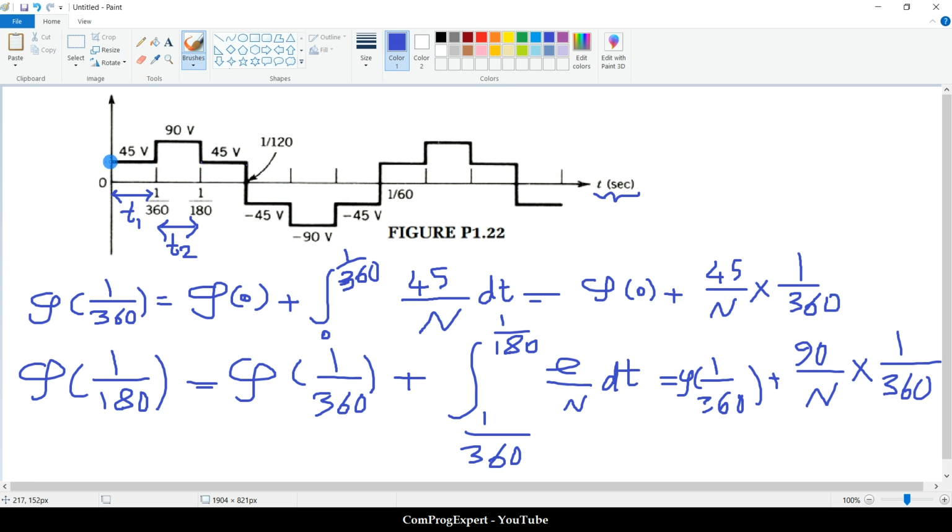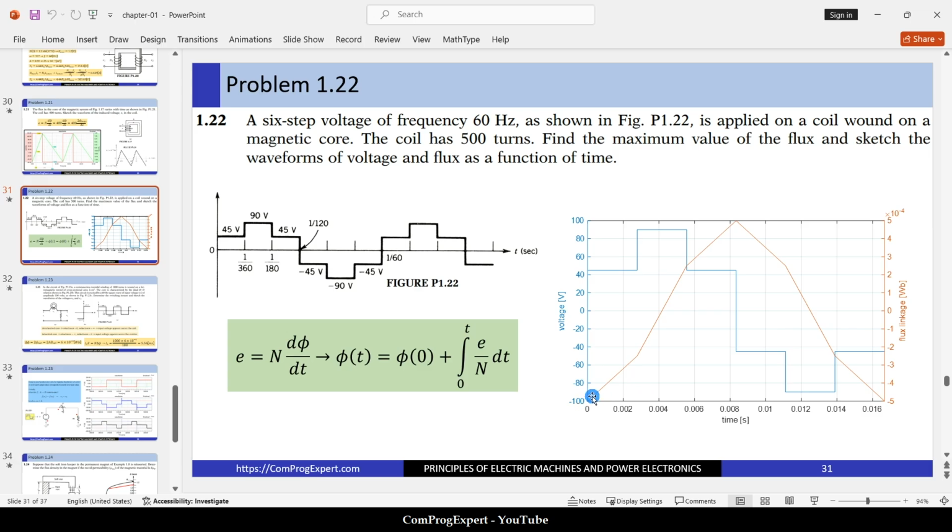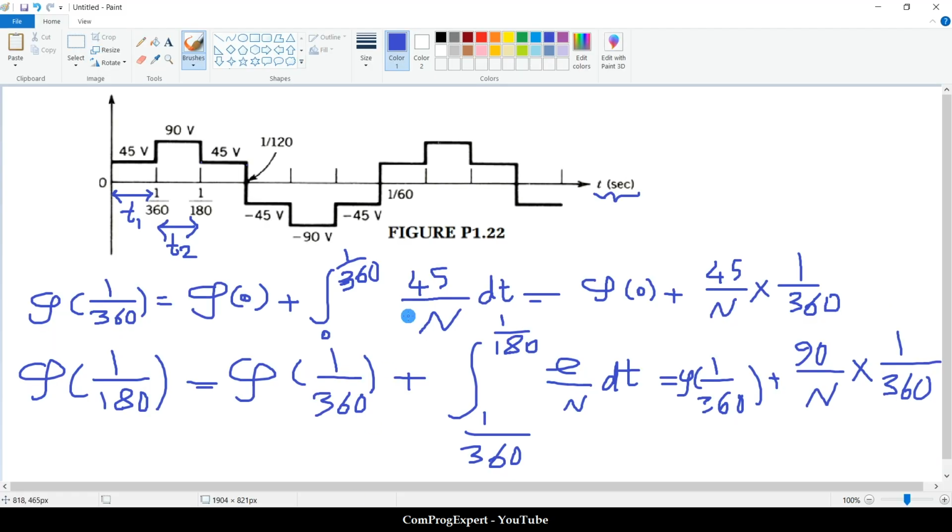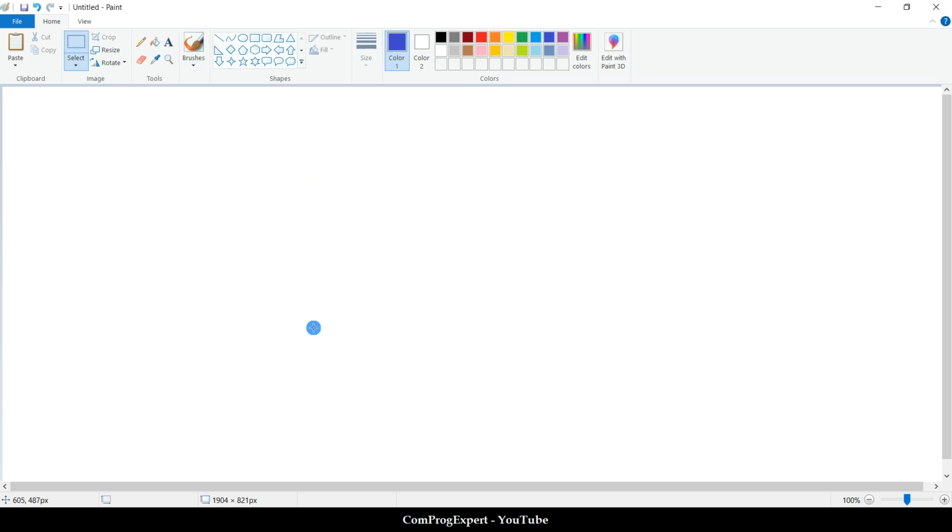Because the value of e is constant, its integral is a linear function. So you can connect these points to build up this waveform, this orange one. But we don't know the value of phi 0, and when we change the value of phi 0, we can shift this function.